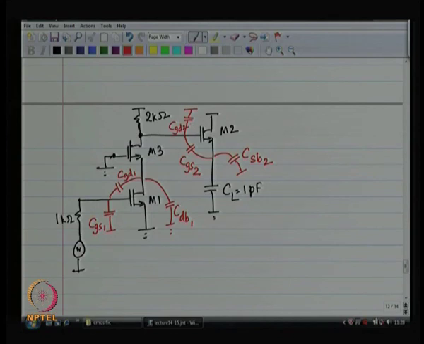Now, device number 3, gate to source of device number 3, then gate to drain of device number 3, drain to body of device number 3, and source to body of device number 3.